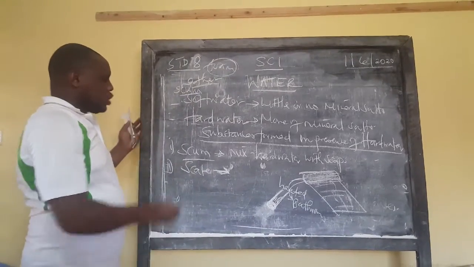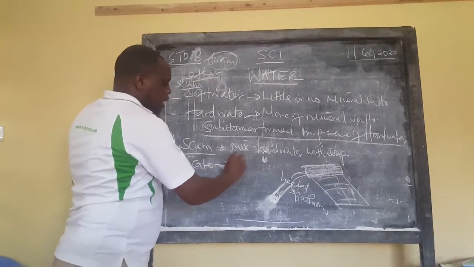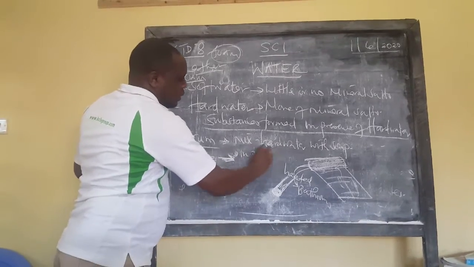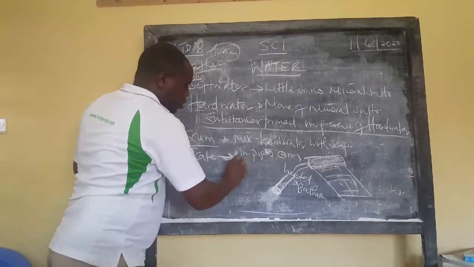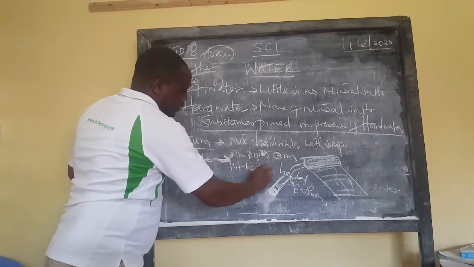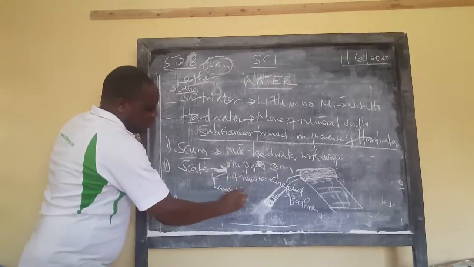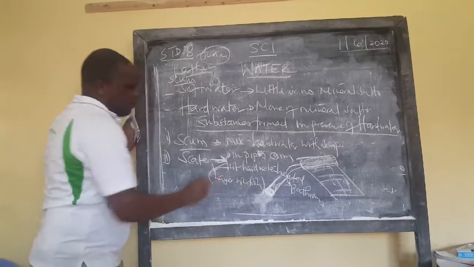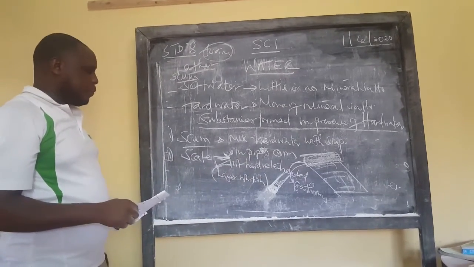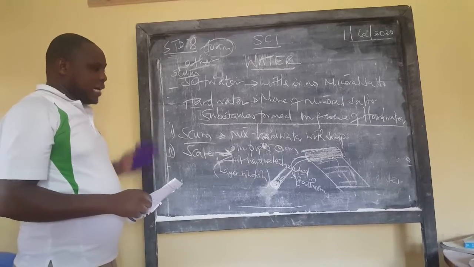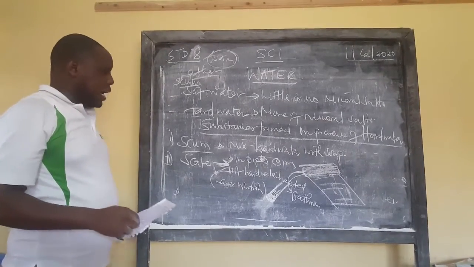So a scale is found in pipes carrying hot hard water. This is a whitish layer or brownish layer that is found in hot pipes which are carrying hot hard water.